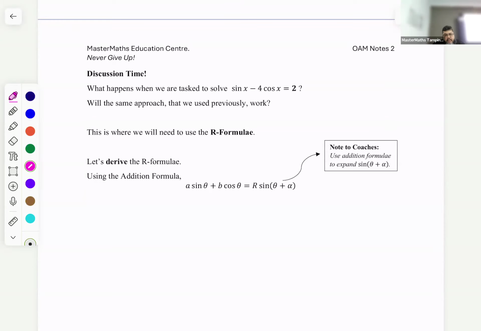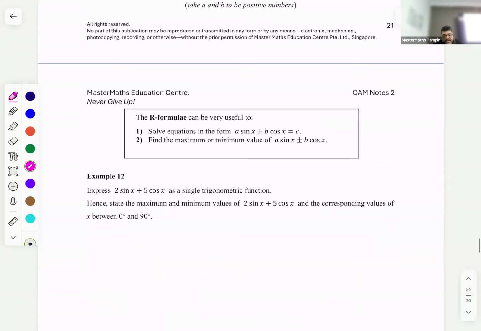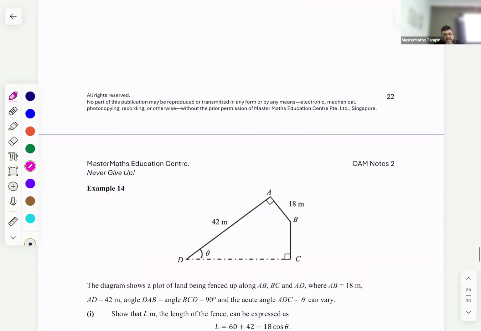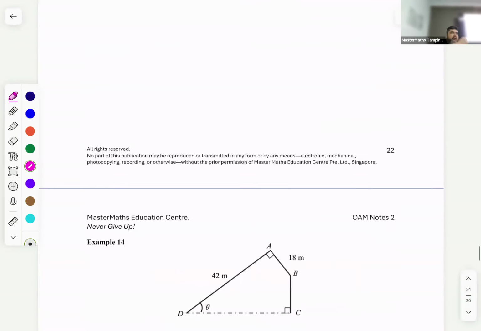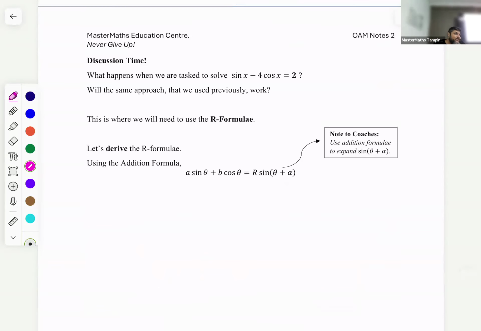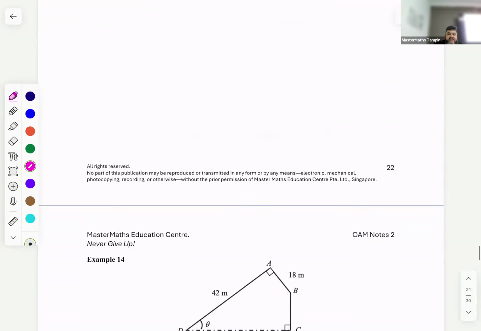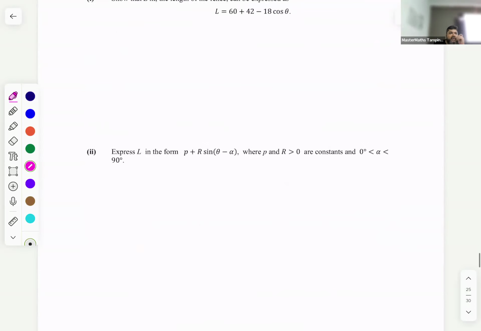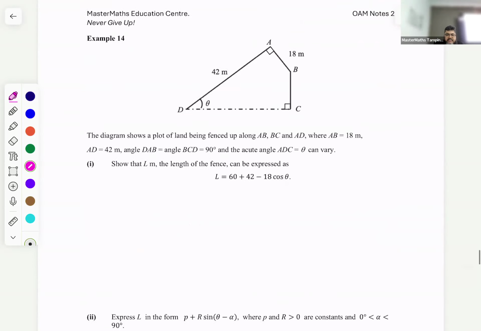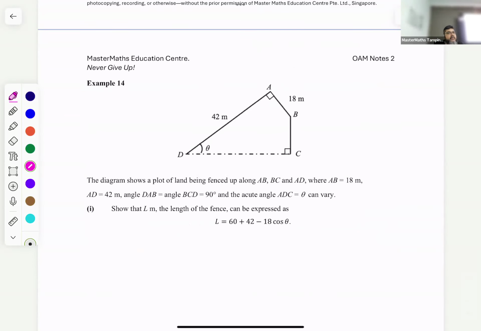So we will do this next week. The R formula is something that is very, very highly tested in your O levels, and there are application questions here. You can see here like this. They love this. I don't know why. For the past few years, I've been seeing this kind of question coming up.